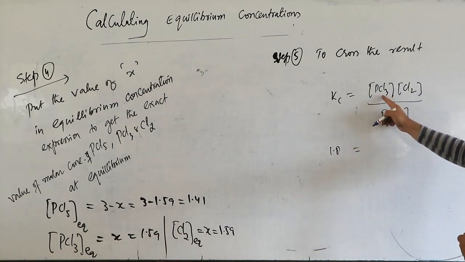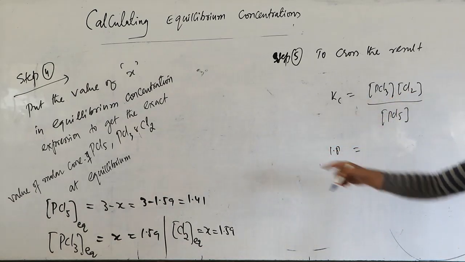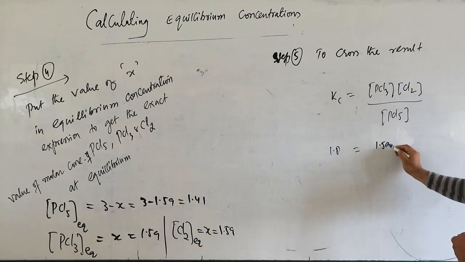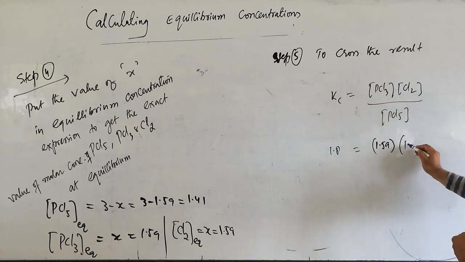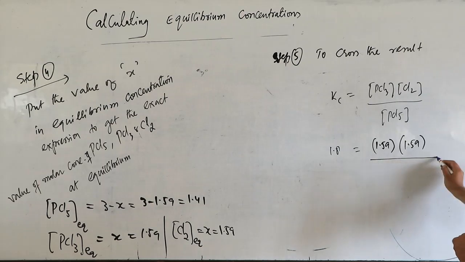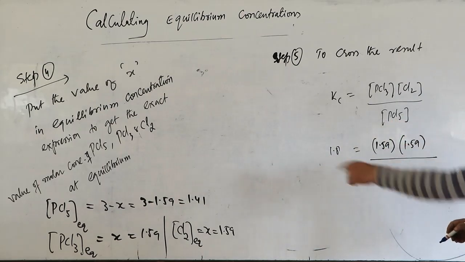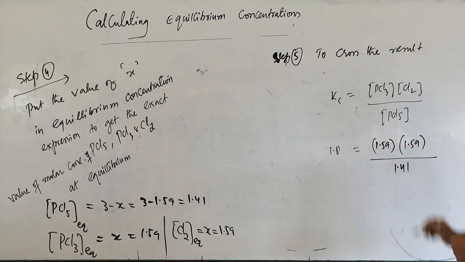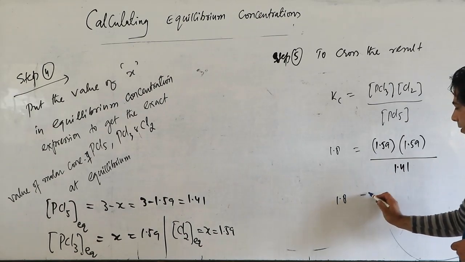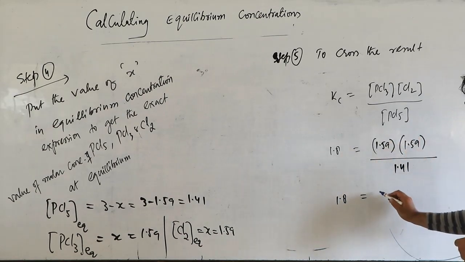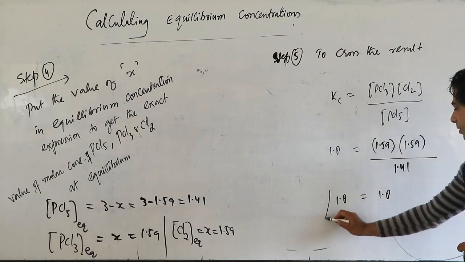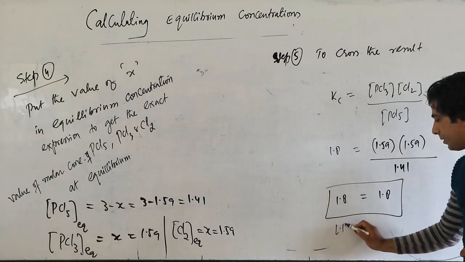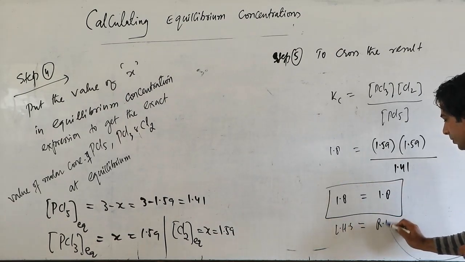PCl3 is now 1.59 and Cl2 is also 1.59, divided by PCl5, which is 1.41. This entire expression should also be 1.8. So LHS is equal to RHS.